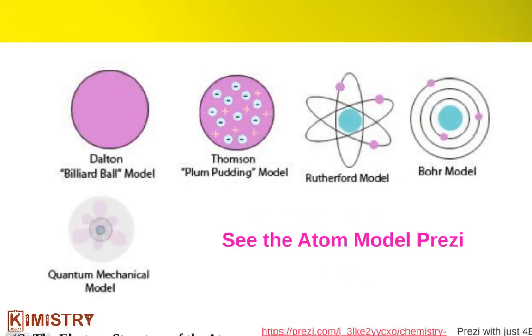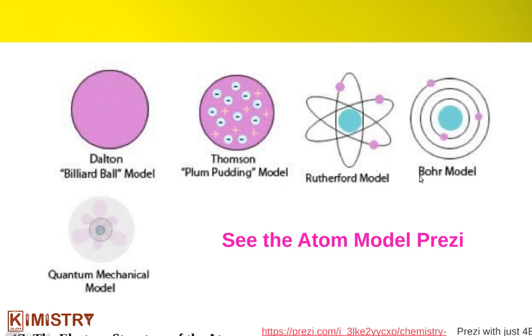All right, so that brings us to the last picture in this first section, just a review of the different models. This solid sphere was the original one, the plum pudding or chocolate chip cookie model, with the little bits of negative electrons surrounded by positive goop. Rutherford's atomic model, or nuclear model, with the nucleus and the electrons going around it.